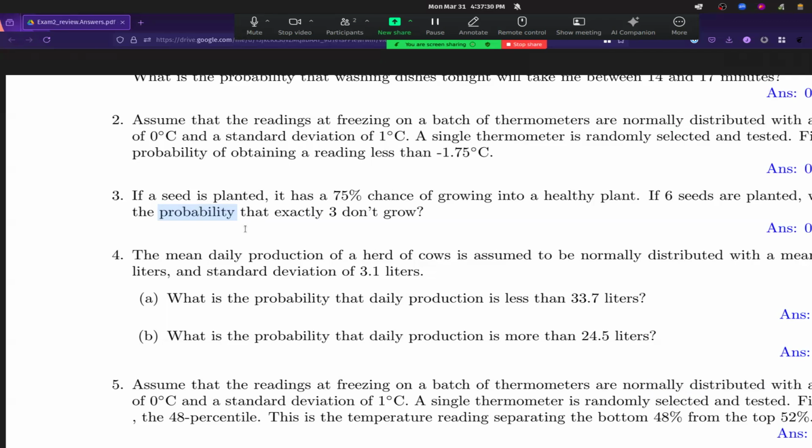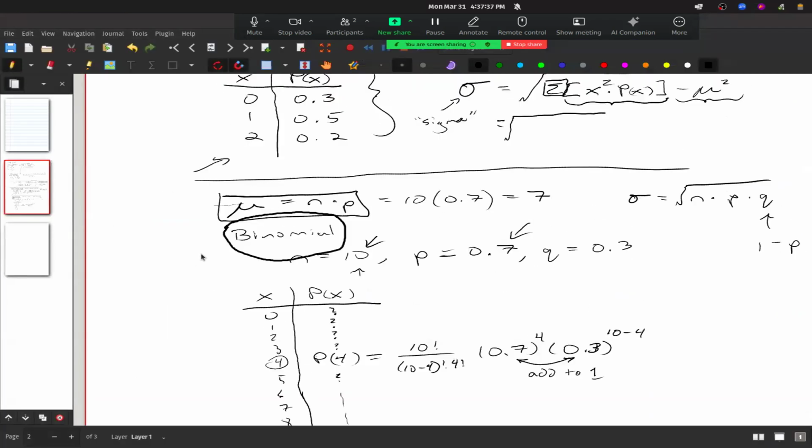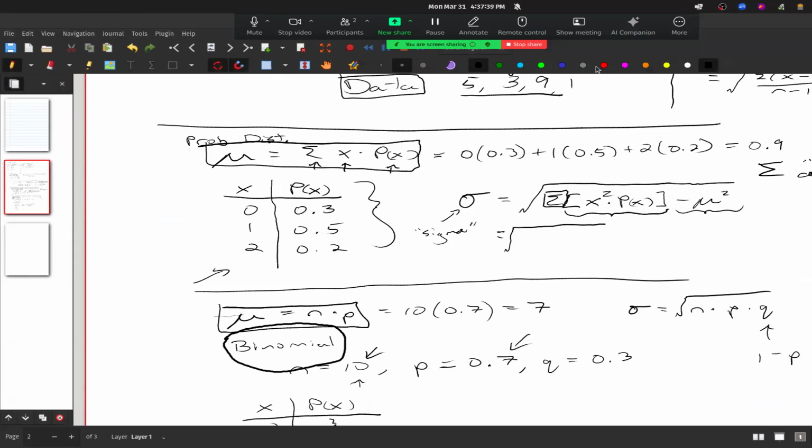But there could be just a general probability distribution, which would look just like what I came up with here. This is what I would call a general discrete probability distribution. It's not of a particular type. We've got some values that X could take on, and the probability that X would be those values.